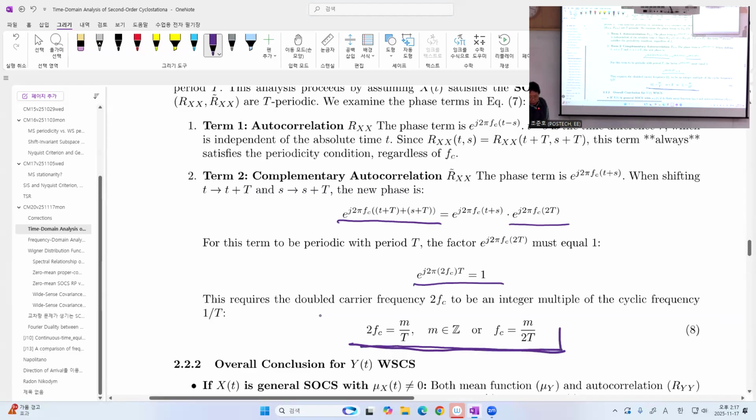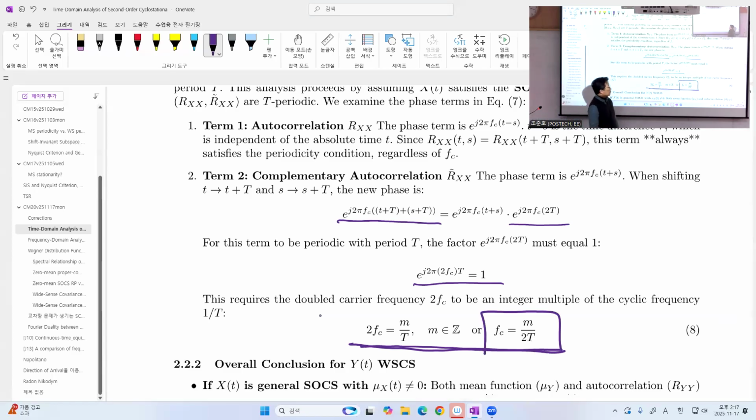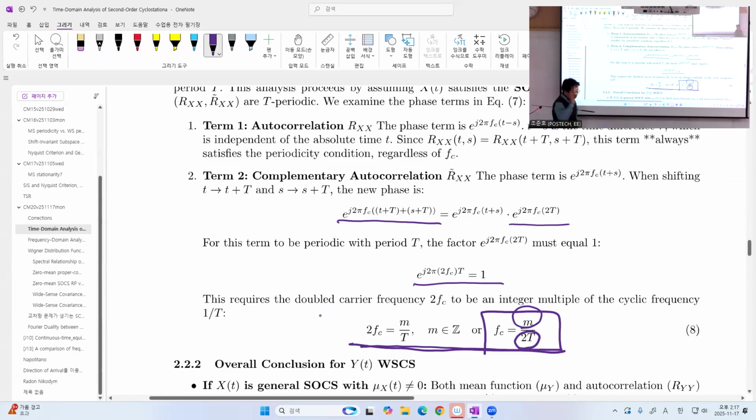So the center frequency of the second order cyclostationary random process must be an integer multiple of 1 over 2T. Right?